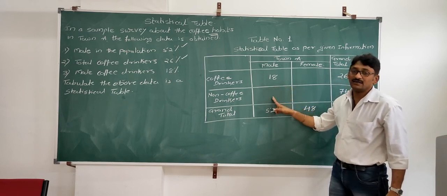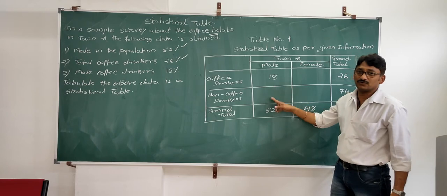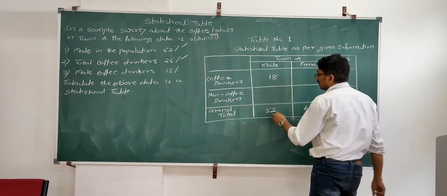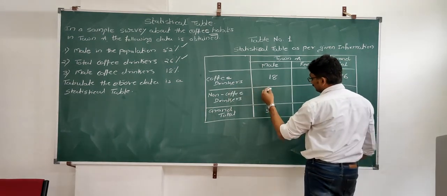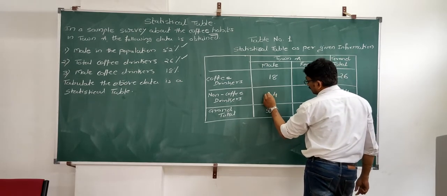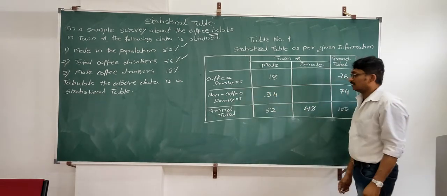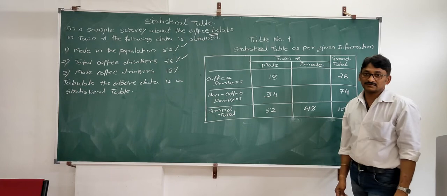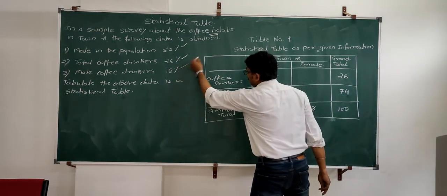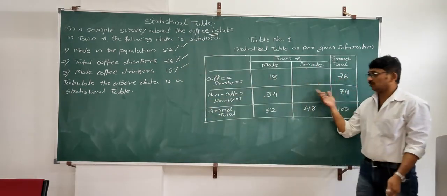So remaining are non-coffee drinkers. The balance you have to write in the non-coffee drinkers column. So 52 minus 18, 34 are non-coffee drinkers. All the three informations are over, but still two columns are remaining.